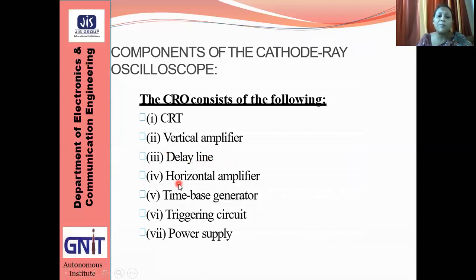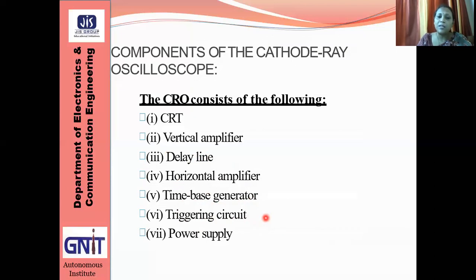Similarly, the horizontal amplifier has the same function as the vertical amplifier, to amplify the signal before putting it to the horizontal plates. Next is the time-base generator. The time-base generator is actually a sawtooth wave generator. The sawtooth wave is applied to the horizontal plates. Next is the triggering circuit.